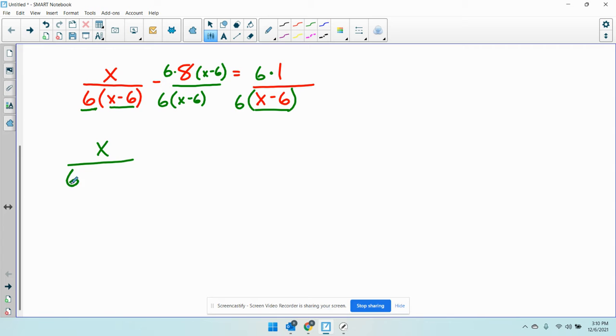I have x over 6 times the quantity x minus 6, minus, this is going to be 6 times 8. That's 48. Then I distribute: 48 times x is 48x, 48 times negative 6 is negative 288.